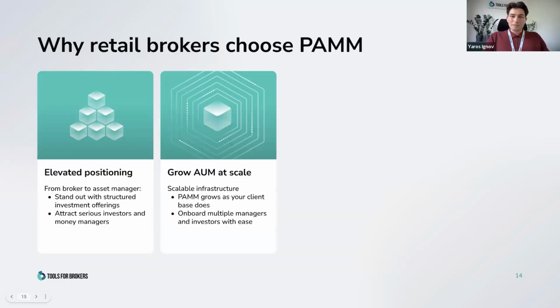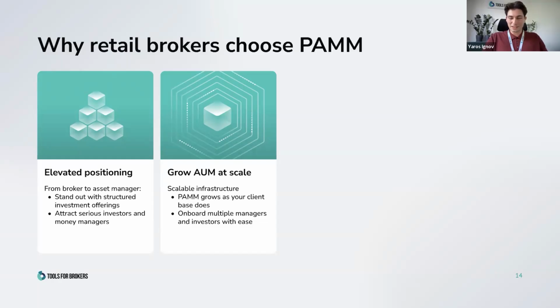Talking about scalability, the limitations are way beyond. It allows you to onboard multiple money managers and thousands of investors while the system still remains stable, taking care of your trade allocations, fee calculations, and reporting. Everything goes automatically. So even as you grow your client base, your workload doesn't grow with it.